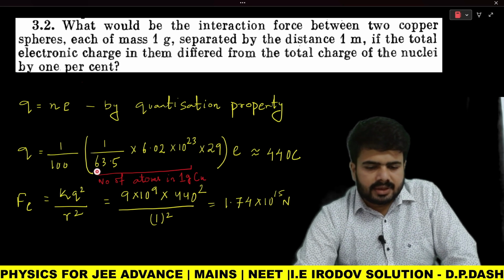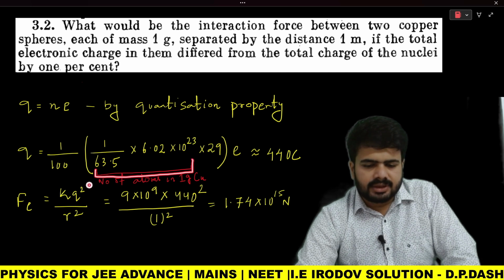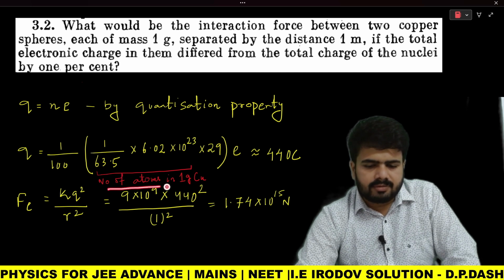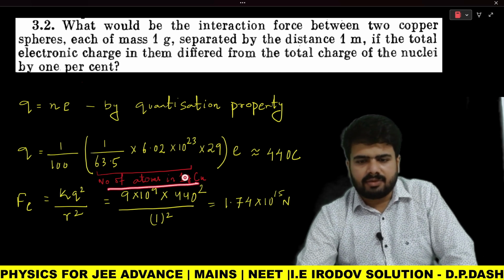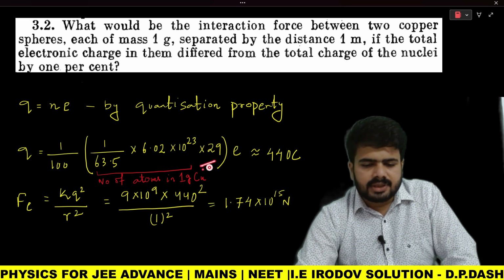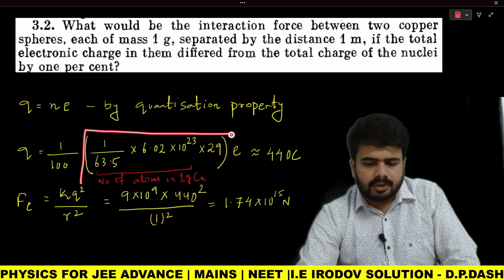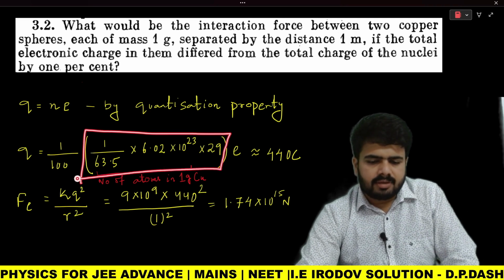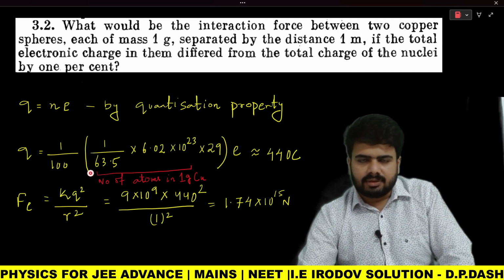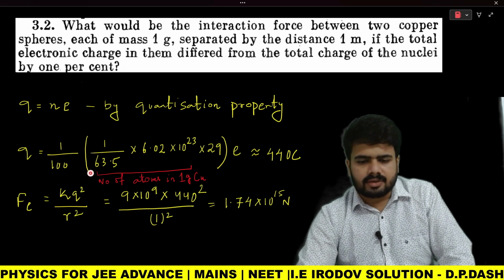So this value, 1 by 63.5 into 6.022 into 10 to the power 23, will give you the number of atoms of copper in 1 gram. You multiply this with 29, so this whole value will give you the number of protons or electrons there.